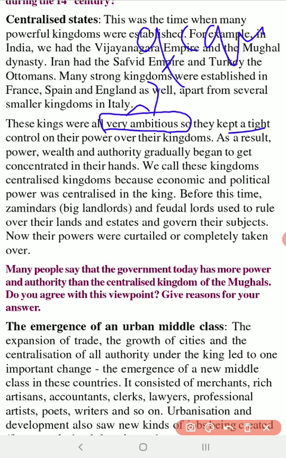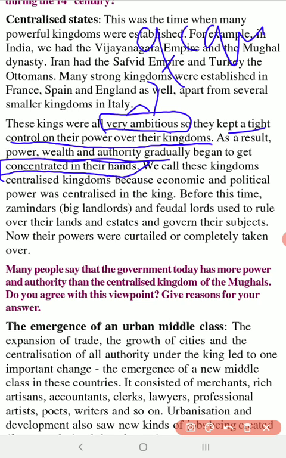So they kept a tight control on their power over the kingdom. As a result, what happened? Now they had all the wealth, they had power over all the wealth, and authority. Okay, so all this wealth, all this authority, concentrated on one person, the king.